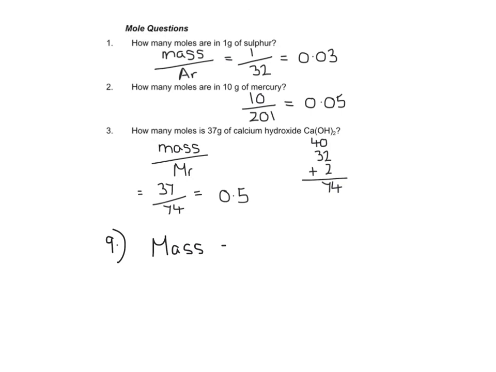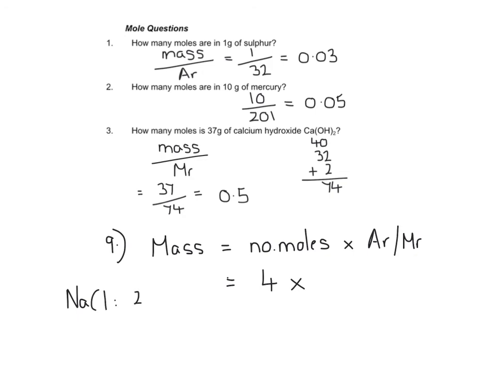If we're asked for the mass, it will be the number of moles times the AR if it's an element, or the MR if it's a compound. In number 9, I am told the number of moles is 4. We're talking about sodium chloride, which is a compound, so I've got to work out its MR.